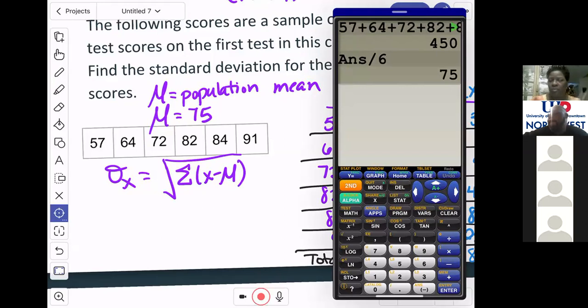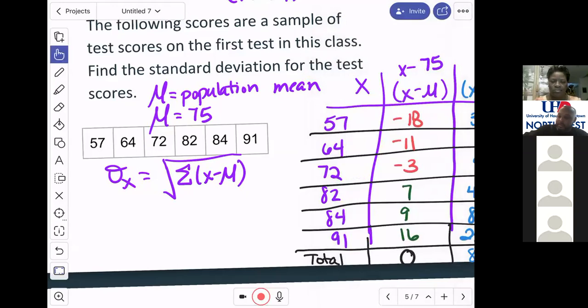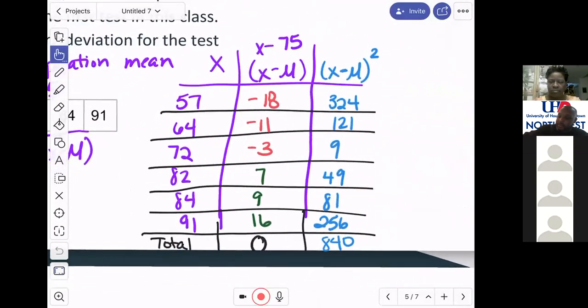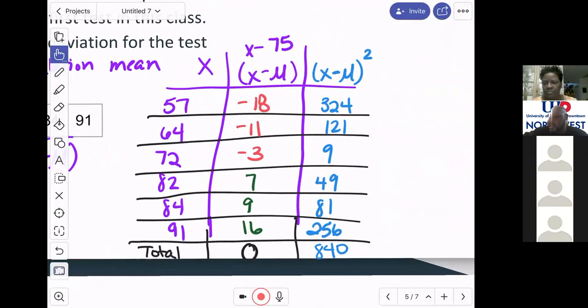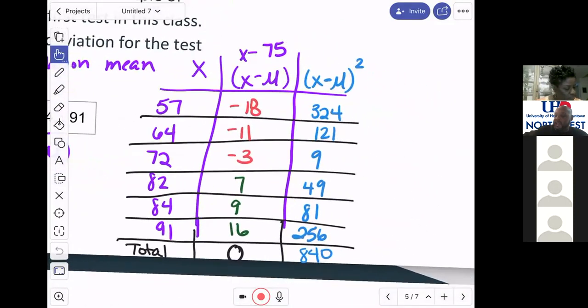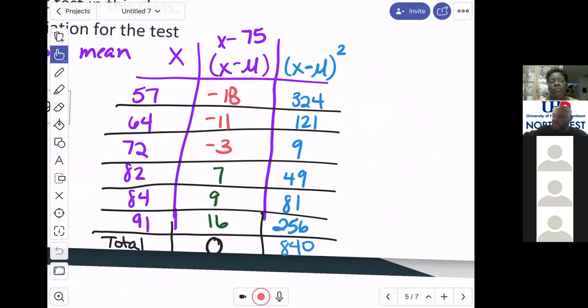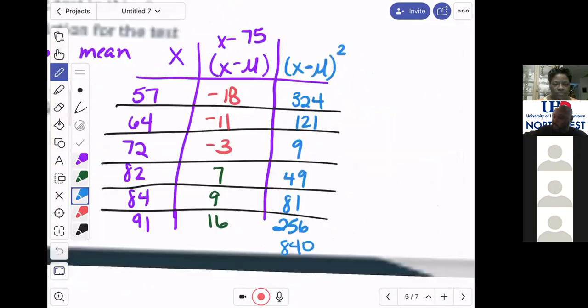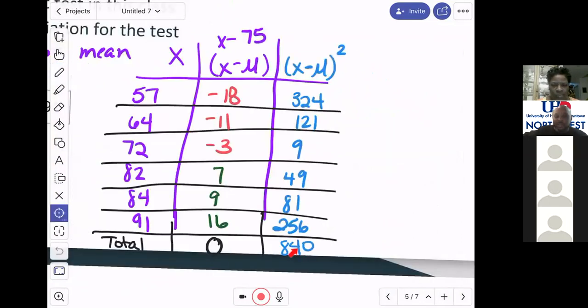Yeah, thank you. Cool. Now, once we have this, next step, we're working on the variance, which is the average squared deviation. So to find the average, we decided that we had to divide that 840 by what? Divide 840 by the total, right? 6.